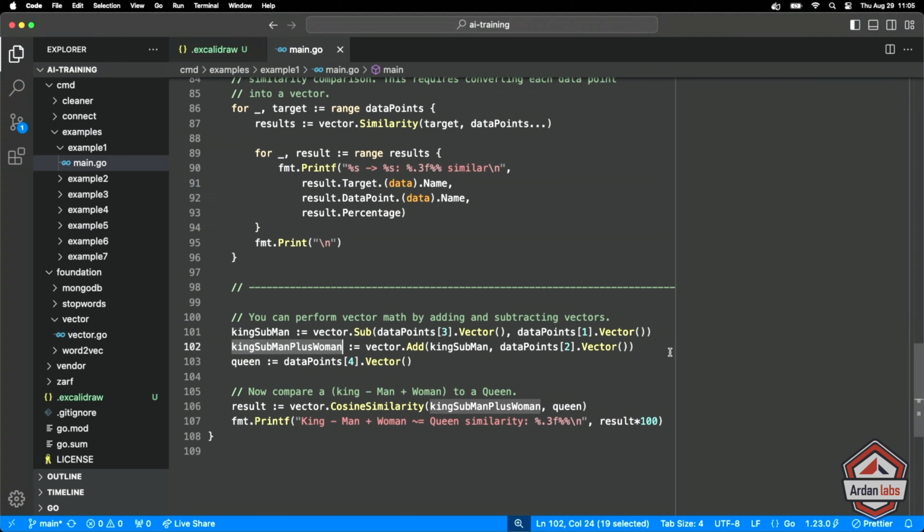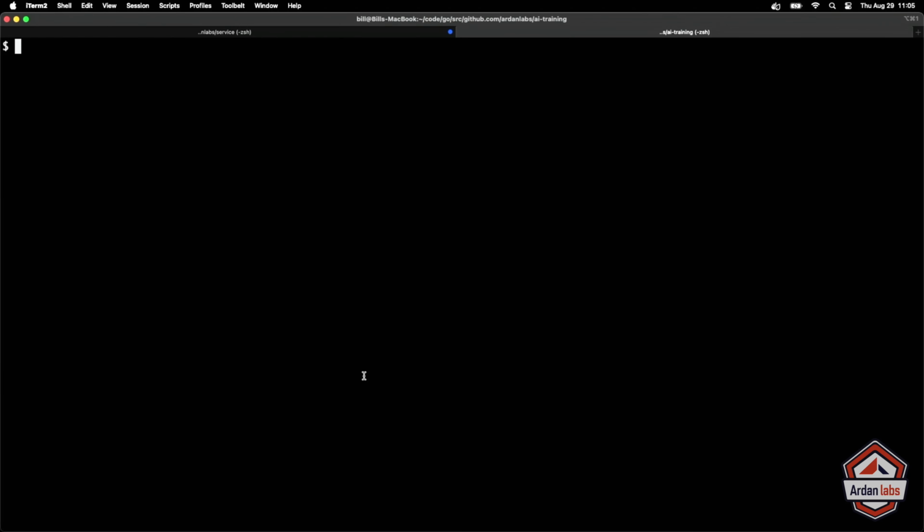So we end up with king sub man plus woman right there. And then we take the vector for the queen and we do a cosine similarity. So let's see what happens here. Let's see what that percentage is as we subtract man from king and add woman and then compare it to the similarity of a queen.